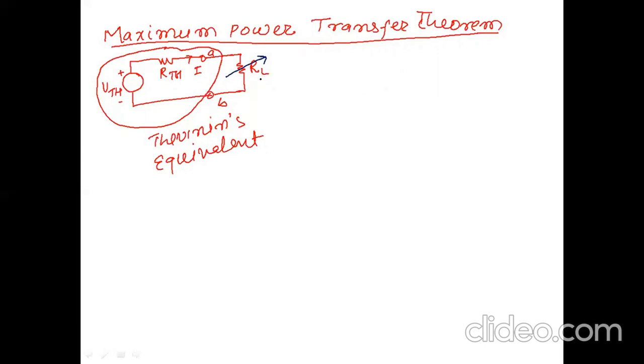So how can we get this? It is very simple. Let us see here. What is the value of current I? I will simply be the voltage VTH divided by the resistance RTH plus RL. This is the current flowing in RTH and this RL resistance also.